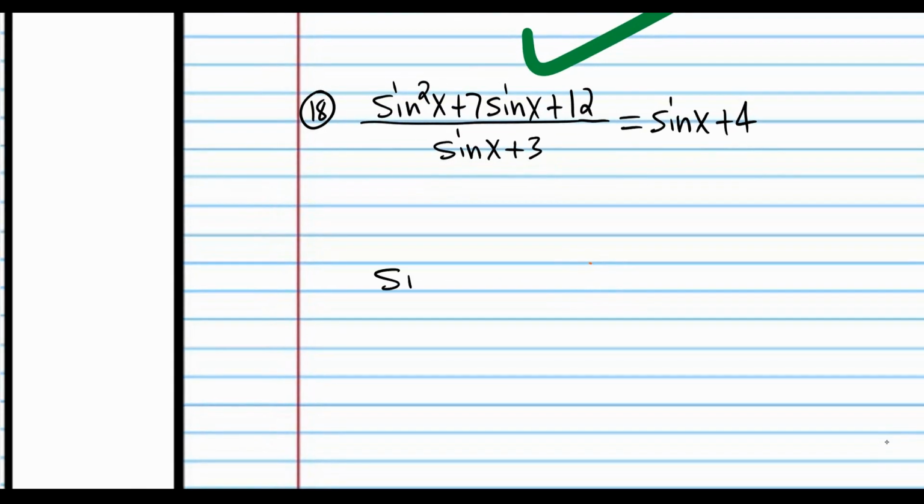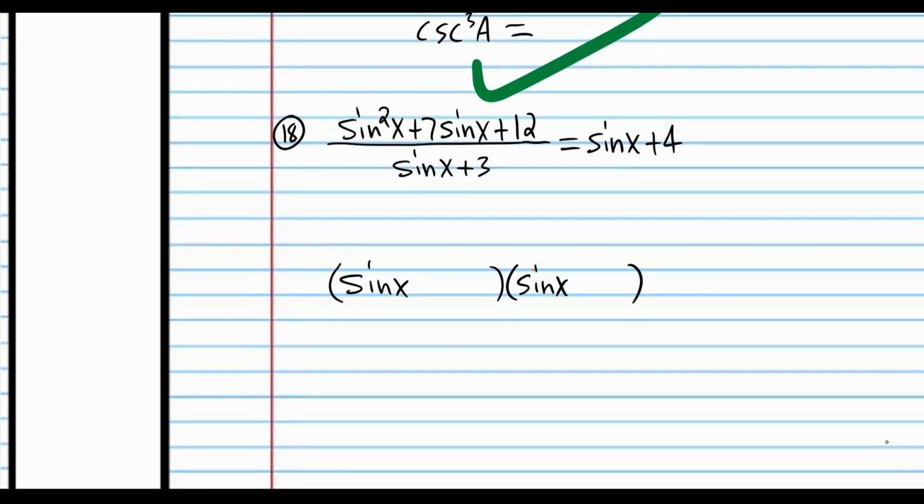So we're going to factor to a product of two binomials, and we're looking for two numbers such that when you multiply them you get 12, and when you add them you get 7. So what are those numbers? Well, they are 3 and 4.